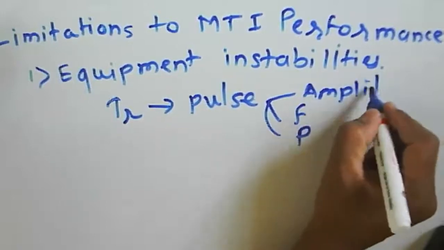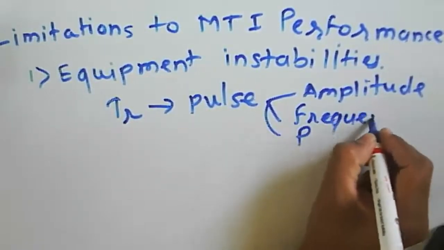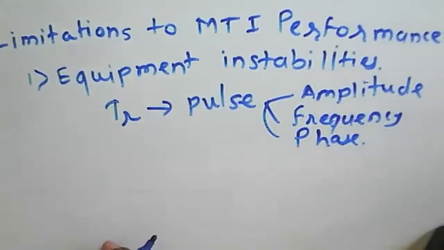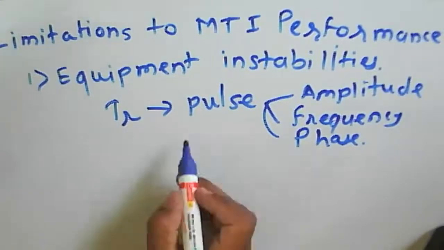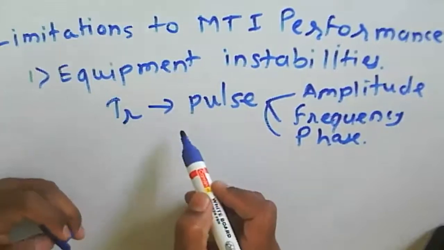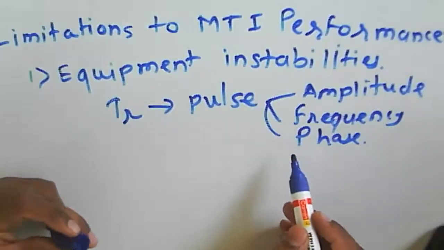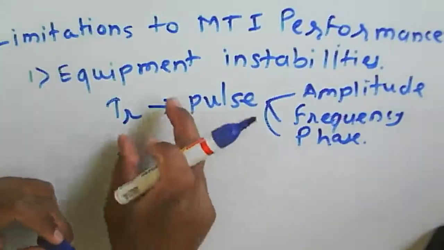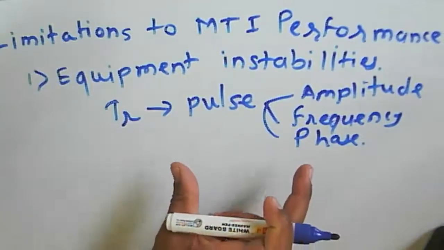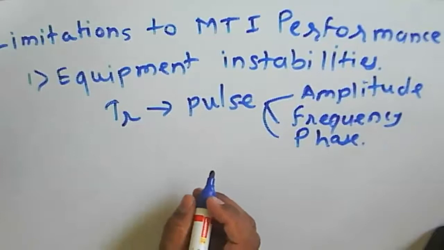So we write here: there will be changes in the amplitude, the frequency, and the phase. For a transmitted signal, pulse to pulse changes in the amplitude, frequency or phase of this particular transmitted signal will lower the improvement factor of an MTI radar.